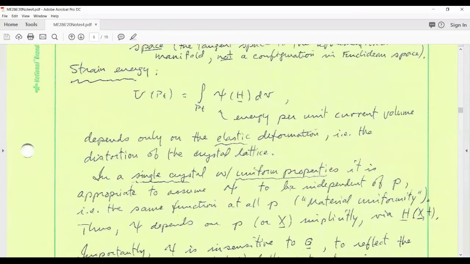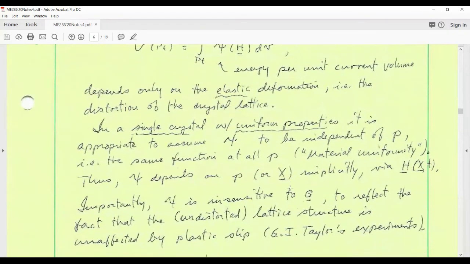So we'll focus attention on that, at least for the time being, to say that the strain energy psi per unit current volume is independent of the material point. It's the same function at all material points. This is a notion we call material uniformity. So we'll use the same constitutive function at every point.